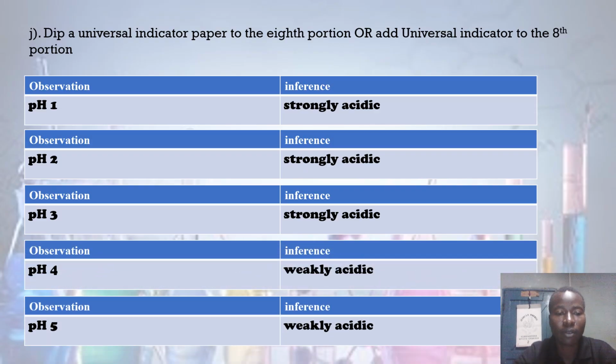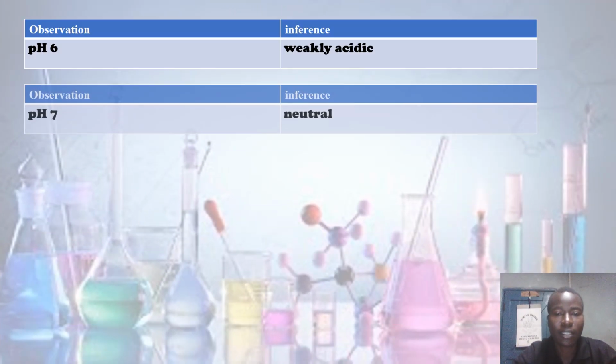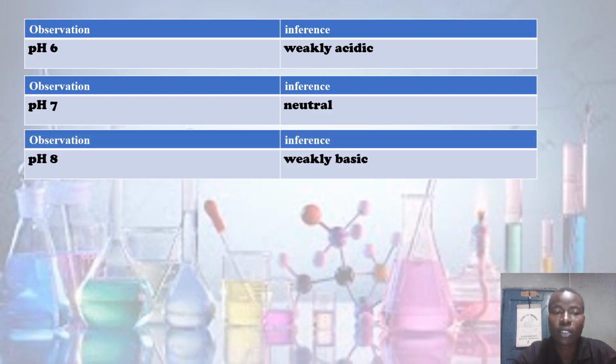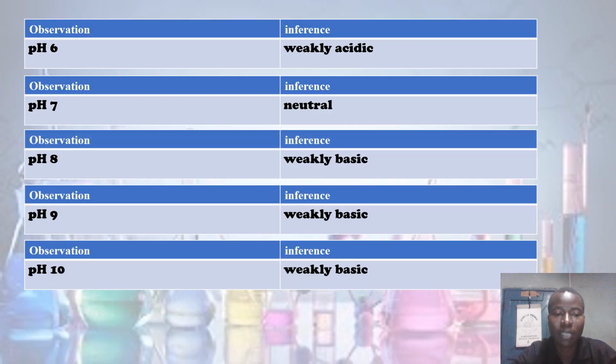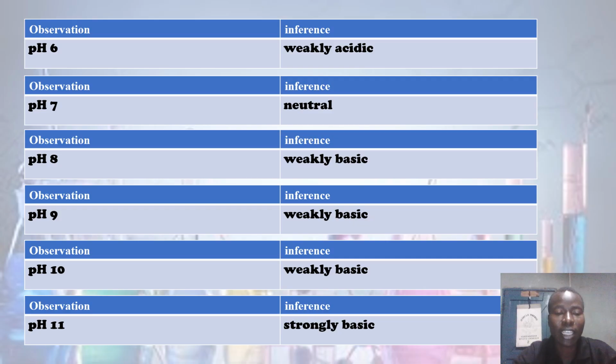And if it is pH4, pH5 and pH6, they are weakly acidic. pH7 means that the solution is neutral. pH8, pH9 and pH10 imply that the solution is weakly basic. pH11, pH12, pH13 and pH14 imply that the given solution is strongly basic.